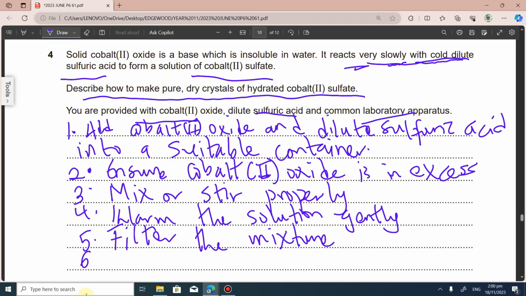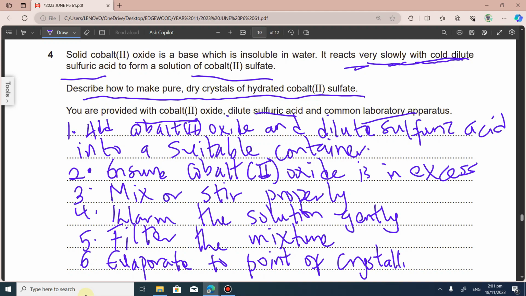That's the sixth mark here, which can be merged into a lot of things. So I will simply say evaporate to the point of crystallization.